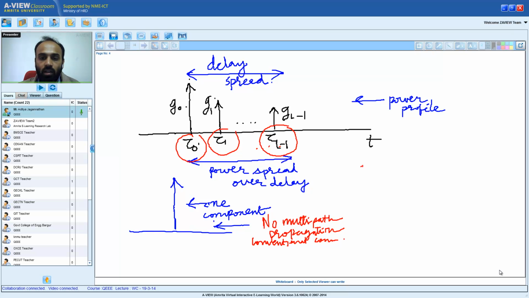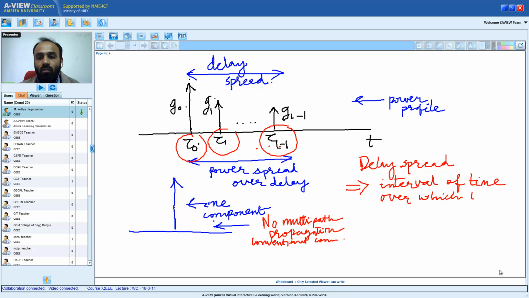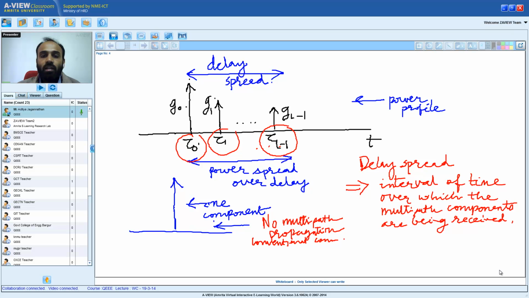So in a wireless channel, let me define delay spread. Delay spread is basically the interval of time over which the multipath components are being received.